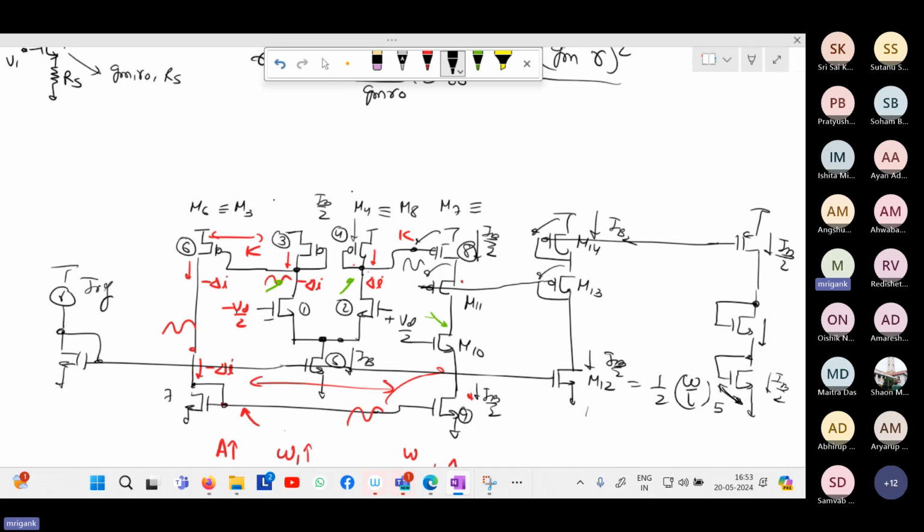This will have the same VGS as M9 because I'm putting the same I bias by 2 and the same dimensions. So VGS of M9 will be the same as VGS of M14, M15, M16, M17. M17 and M9 will be equivalent, and as a result, the VGS will be similar. Therefore, this gate voltage that is developed, I can put it to M10.